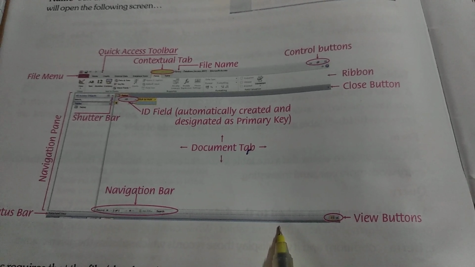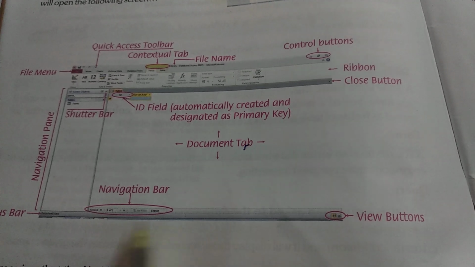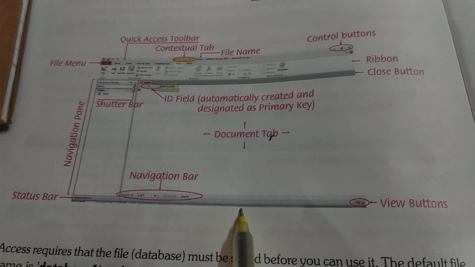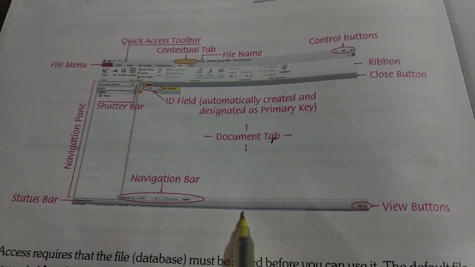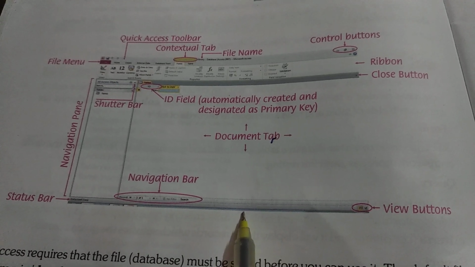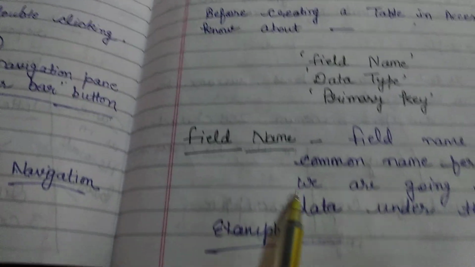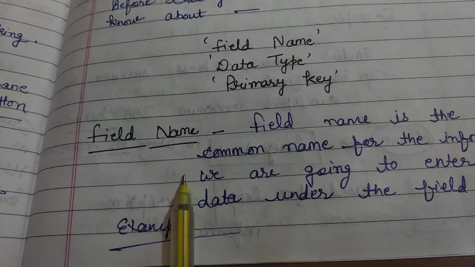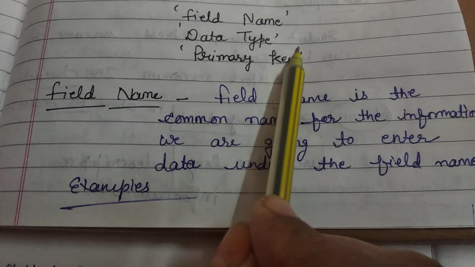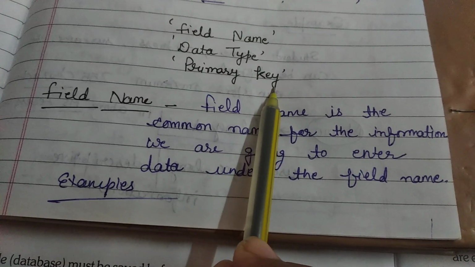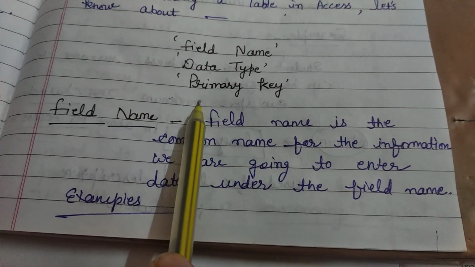Okay, so before creating a table in this Access, let us learn about some important topics. Here you can see, first is field name, second is data type, and third is primary key. Before creating, we will create a database.